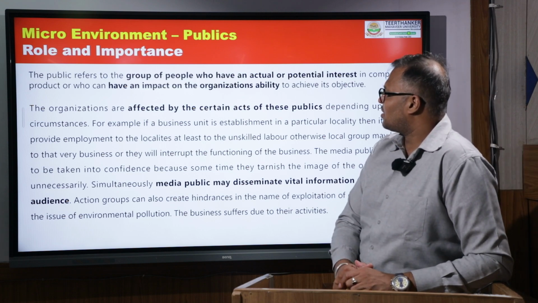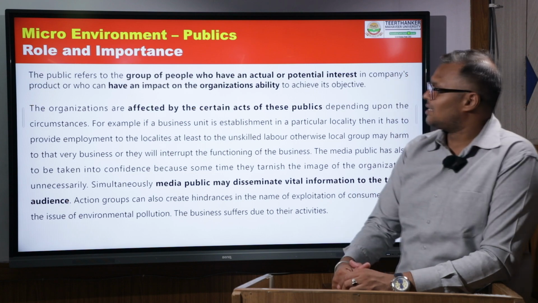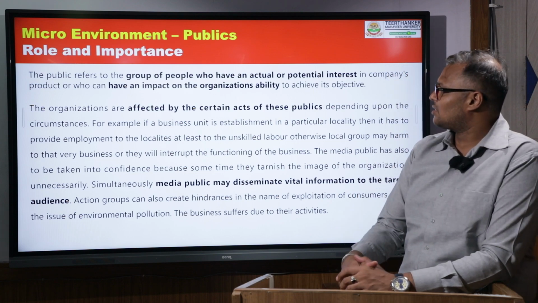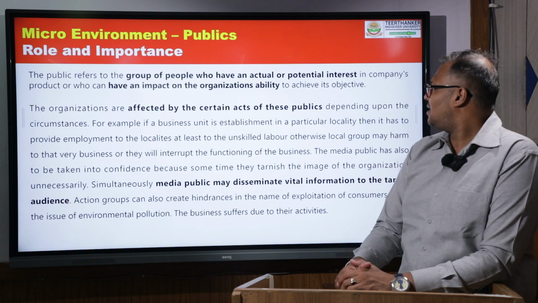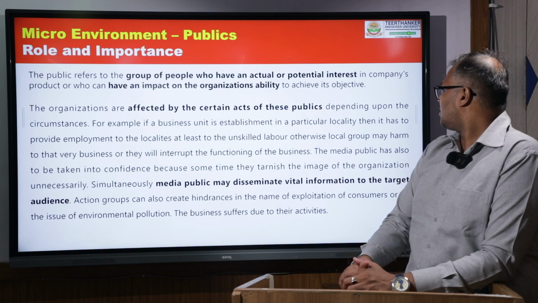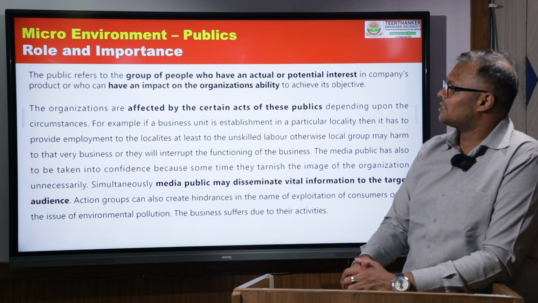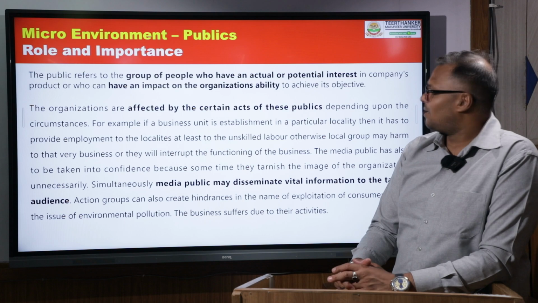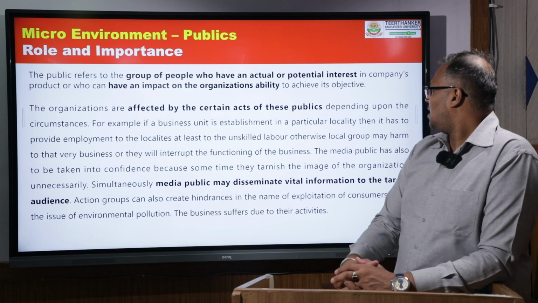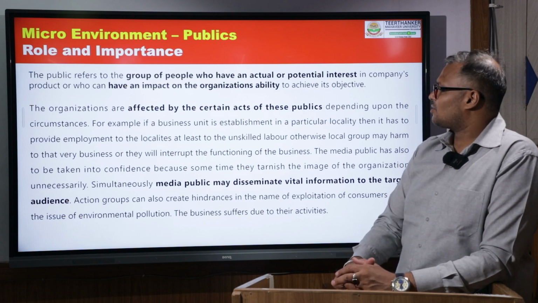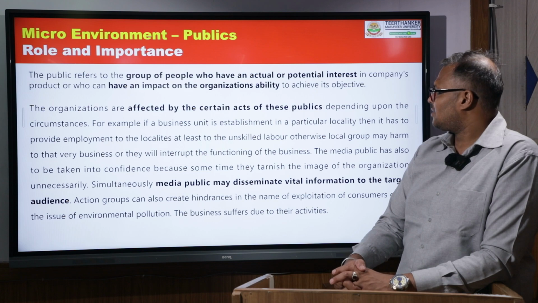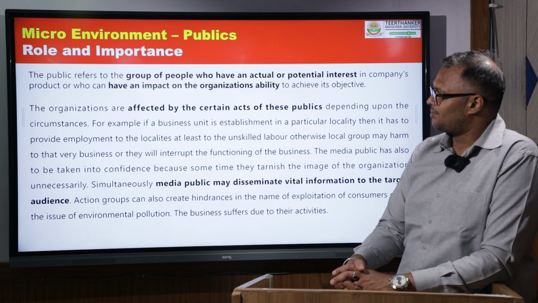For example, if a business unit is established in a particular locality which provides employment to the locals, at least to the unskilled labor, but it may harm the business of the local group, then they will try to interrupt the functioning of the business. And thus the media and public have to be taken into confidence because sometimes they tarnish the image necessarily.